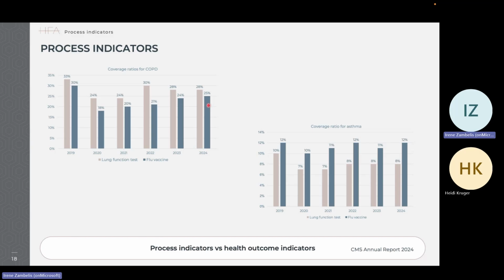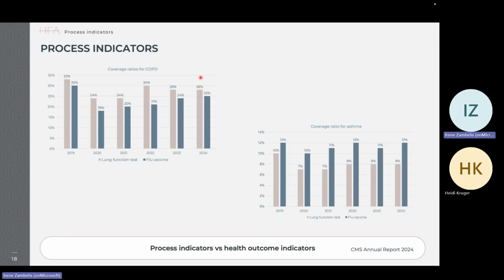Why is it important? It's important because people with compromised lungs, come the flu season, and we're coming up to it now, flu vaccine time in April, are more prone to developing pneumonia, which is so much more costly than having a flu vaccine. And you want ideally these figures to be 100%.